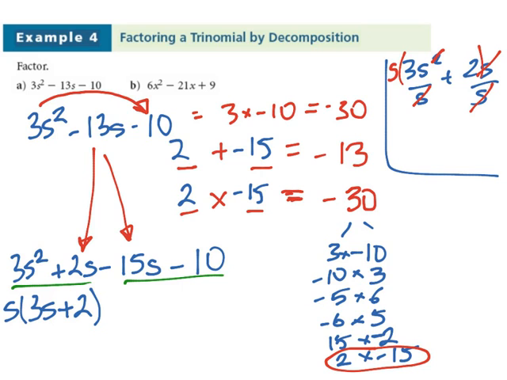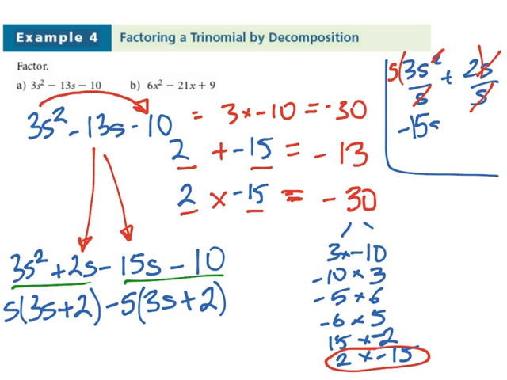The next step is to factor the other pair. What can I factor out of this? We could factor out a negative 5. So we could factor negative 5, and we'll get 3s plus 2. And how do we get that? Well, let's take a look at the right corner. We have negative 15s minus 10.